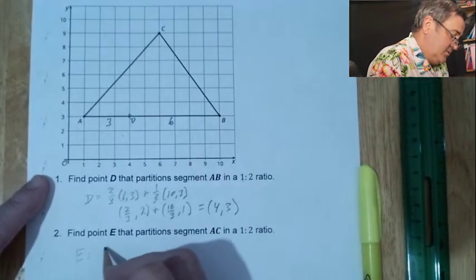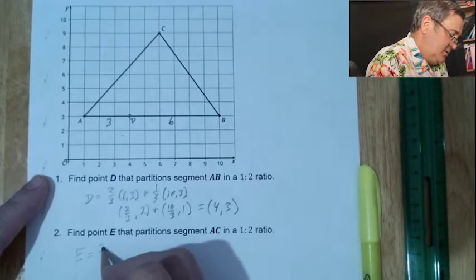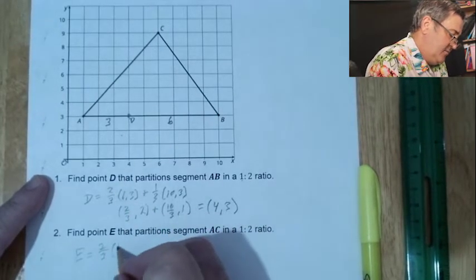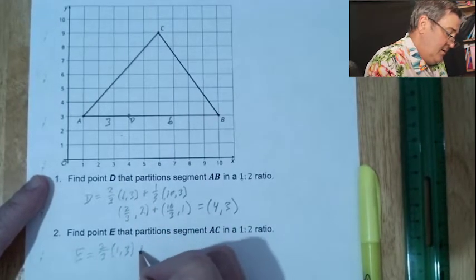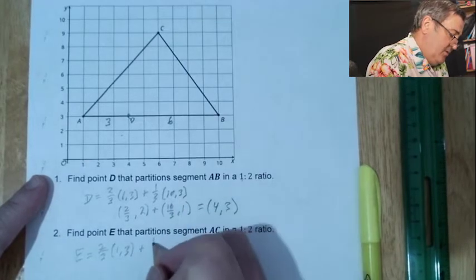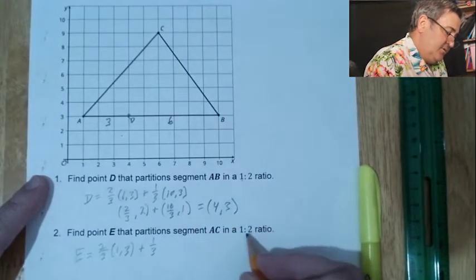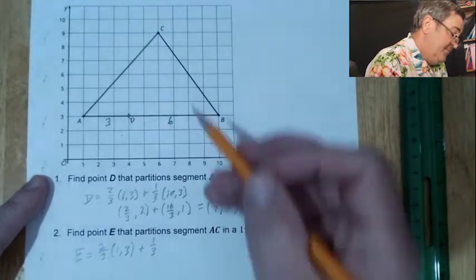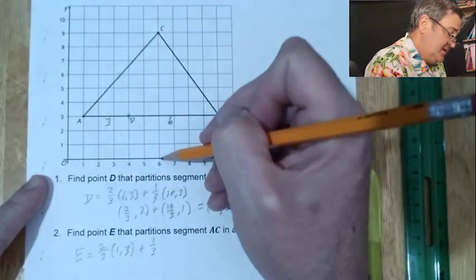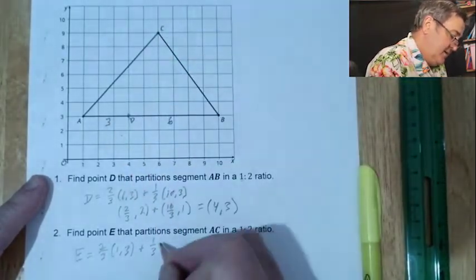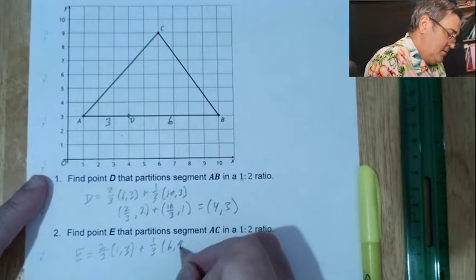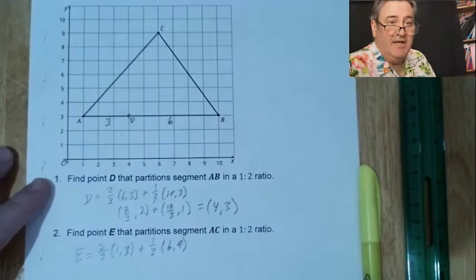So it's the same formula. E equals 2/3 times A, plus 1/3 times C. Again, thirds, right? 1 and 2, so there's 3 pieces. C is 6, 9.